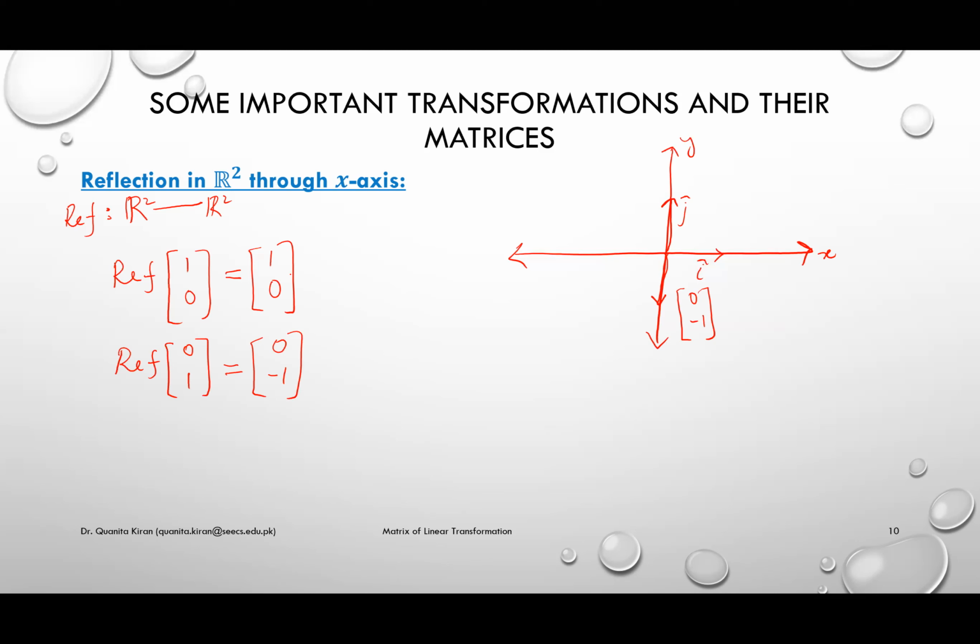Again, if we write these two vectors as columns, we obtain the matrix with rows (1, 0) and (0, -1), and this matrix A represents the reflection in R2 through the x-axis.